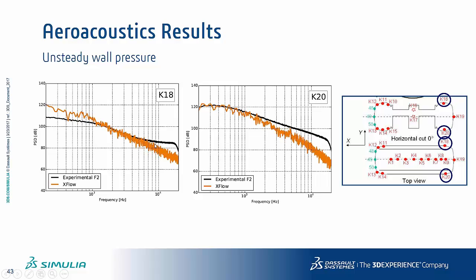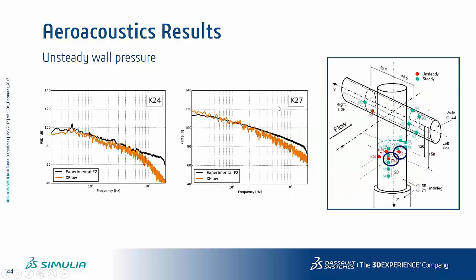And K18 is also pretty good, slightly overestimated here and underestimated here, but overall it's a good match. And K24, 27, for example, on the strut here in the middle, on the leg, sorry, you can see that again the level of accuracy is pretty good. We've got a spectra that is very close to the experimental data.